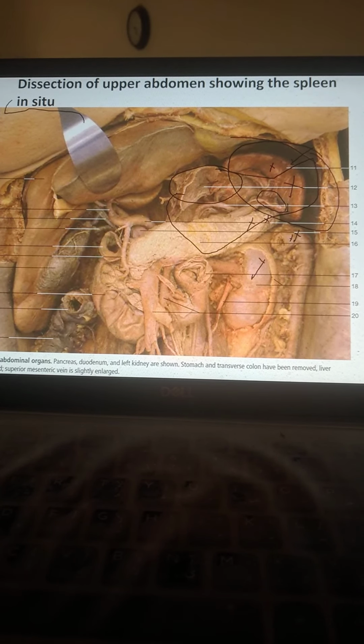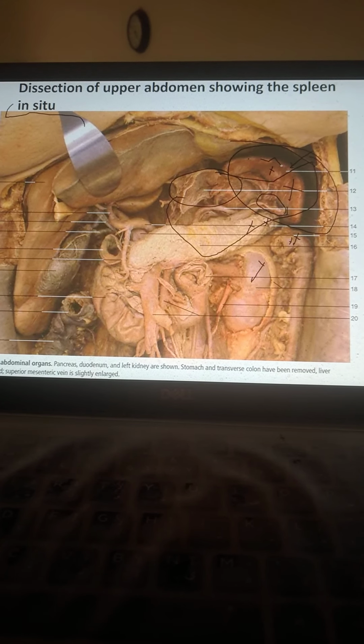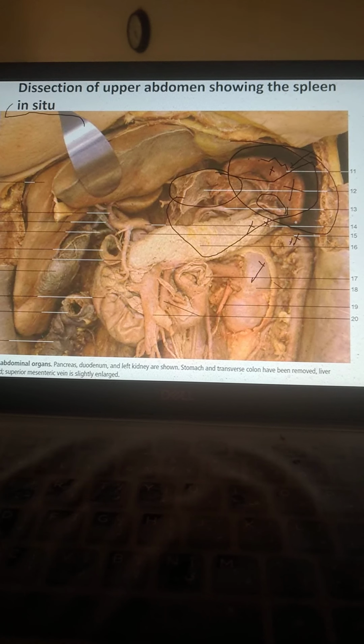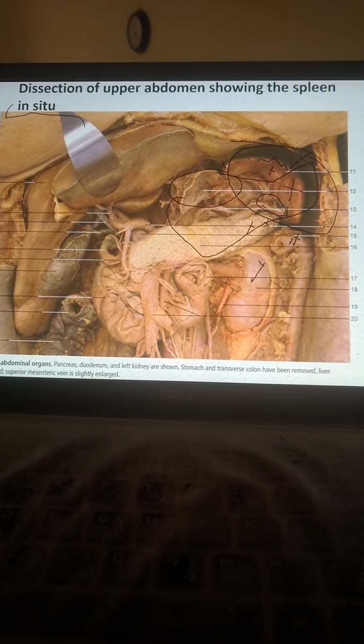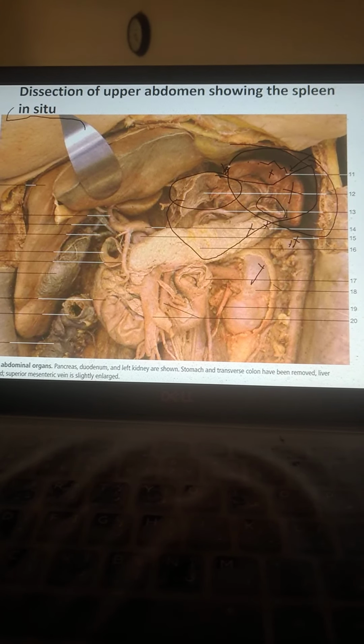If you look at the spleen here, the spleen has a notched upper border here. It has also a lower border. It has this end here, which we call the posterior end or medial end or upper end.